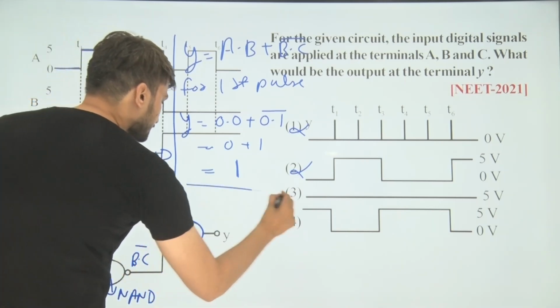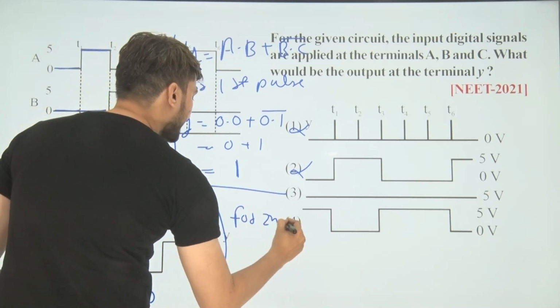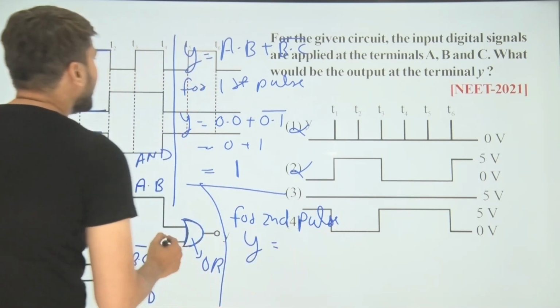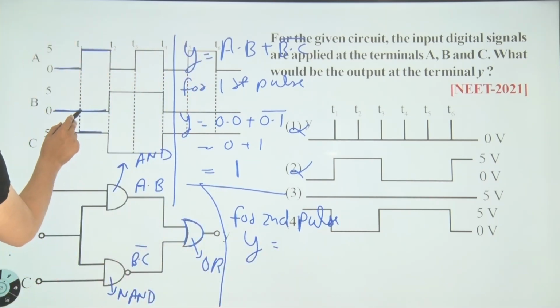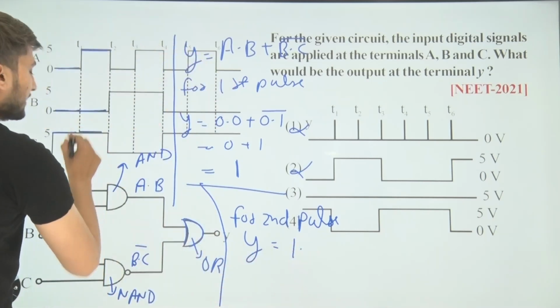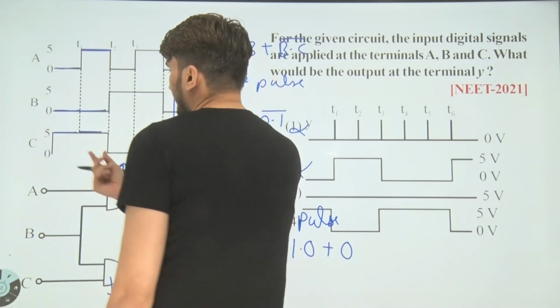So for the second pulse, Y is equal to A dot B plus B dot C bar. A is 1, multiplied by B which is 0, plus B is 0 dot C bar, where C is 1 and its bar is 0.